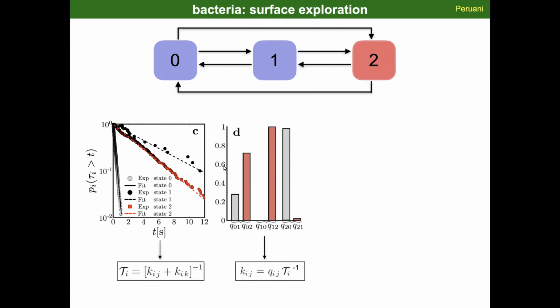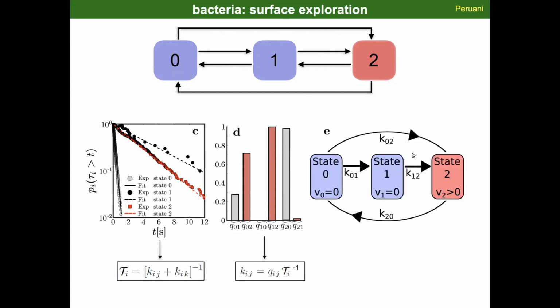If you take all that into account, from this relatively complex behavioral circuit you can identify the transition rate associated to all the possible transitions. In fact, we observe that there are two transitions that we can neglect, these two arrows from 2 to 1 and 1 to 0. And basically what we end up with is this kind of circuit.